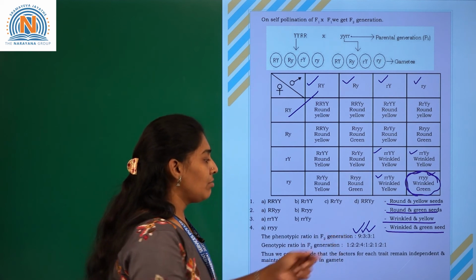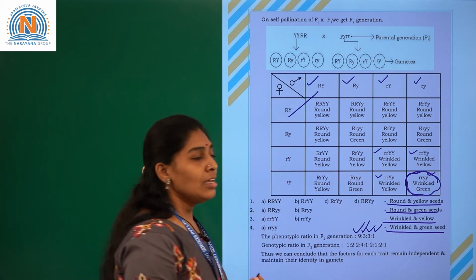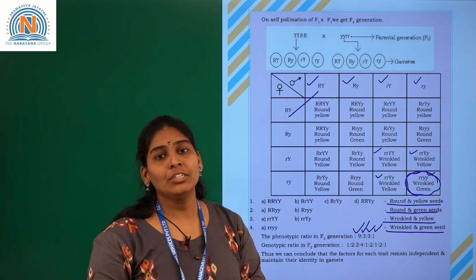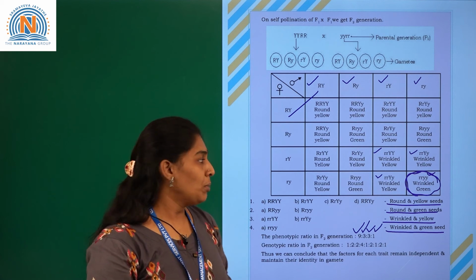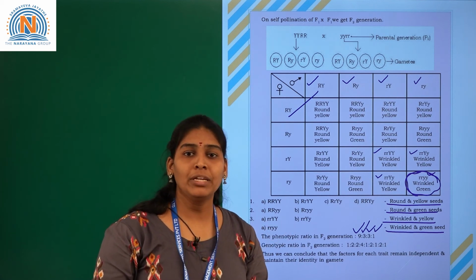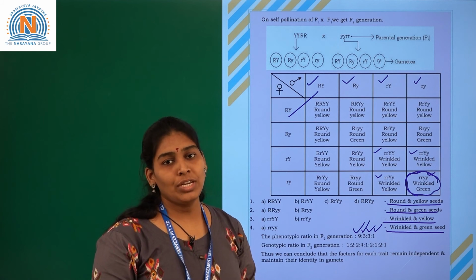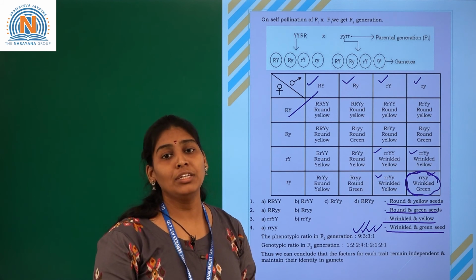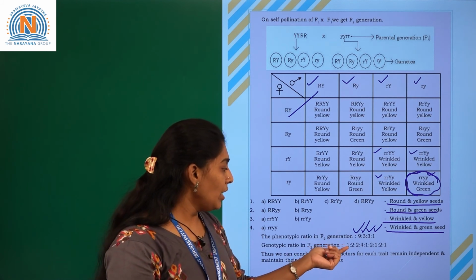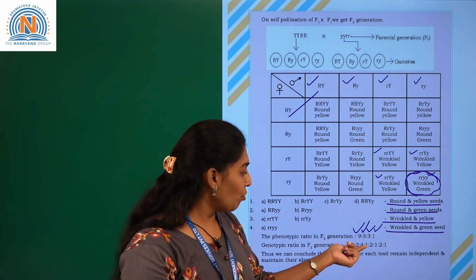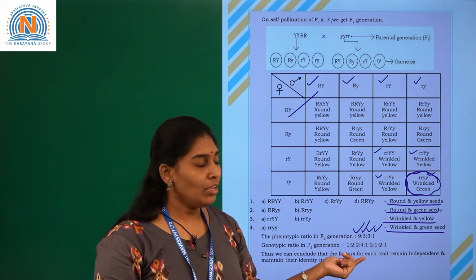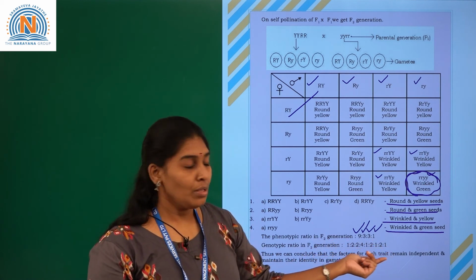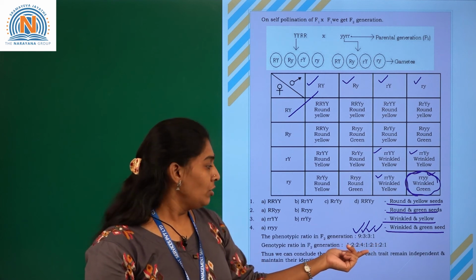This ratio of visible characters is called the phenotypic ratio. Mendel's dihybrid cross phenotypic ratio is 9:3:3:1. The genotypic ratio, the genetic expression of an individual, is 1:2:2:4:1:2:1:2:1. Simply remember 1, 2, 2, 4, 1, 2, 1, 2, 1.